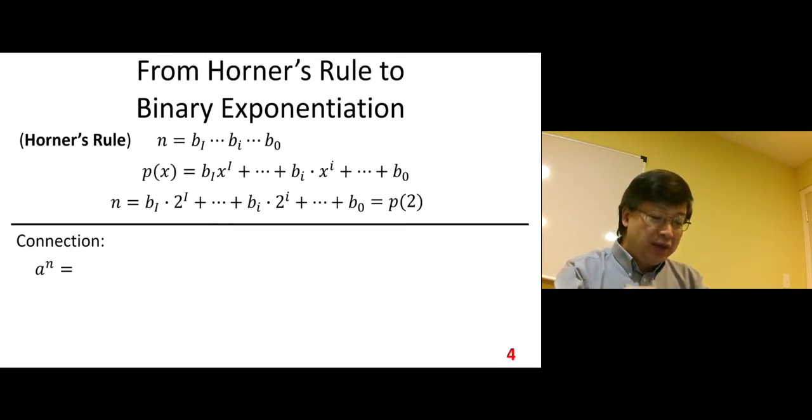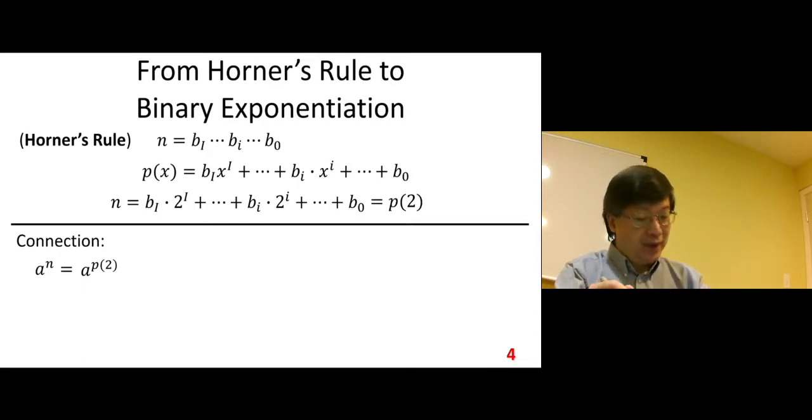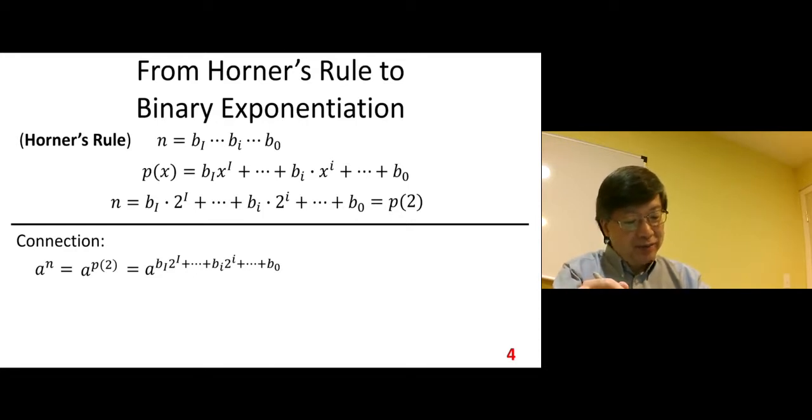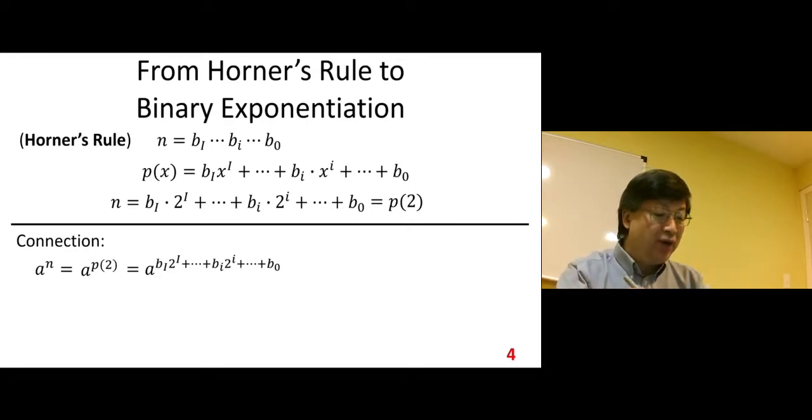All right. So now for this exponential function, a to the p of 2, we write it in this way. Still, it's hard to connect to Horner's rule, right?